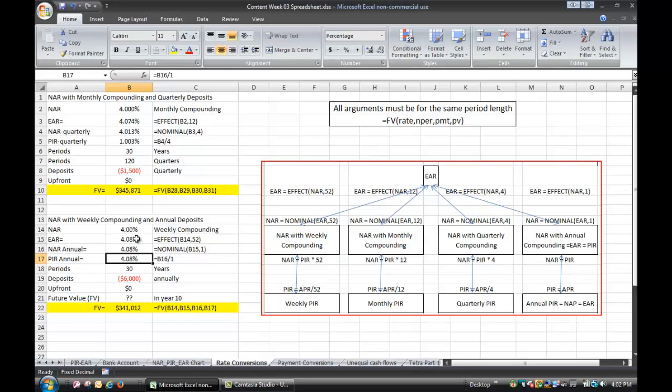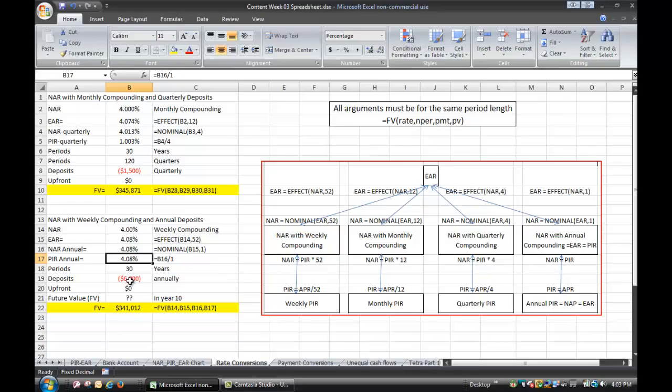And that's the same. So when you're in the annual branch here, the EAR, the NAR, and the PIR will be equal. In this case, they're all 4.08%. So essentially, you can use the EAR. You don't have to do these two conversions if you're annual compounding, and only if.